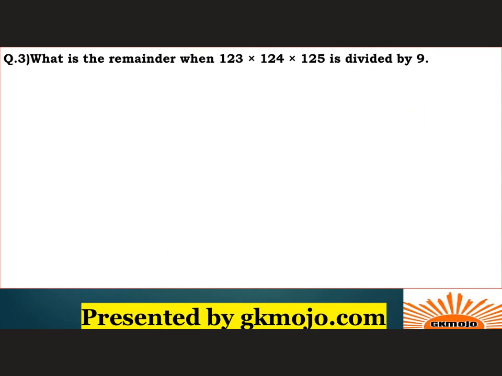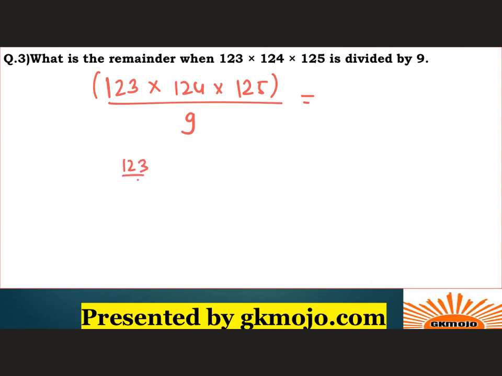What is the remainder when 123 into 124 into 125 is divided by 9? So basically 123 into 124 into 125 divided by 9, and they are asking what is the remainder. Break it down. Whenever you have complicated multiple numbers in a division, just break it down. 123 by 9 into 124 by 9 into 125 by 9.